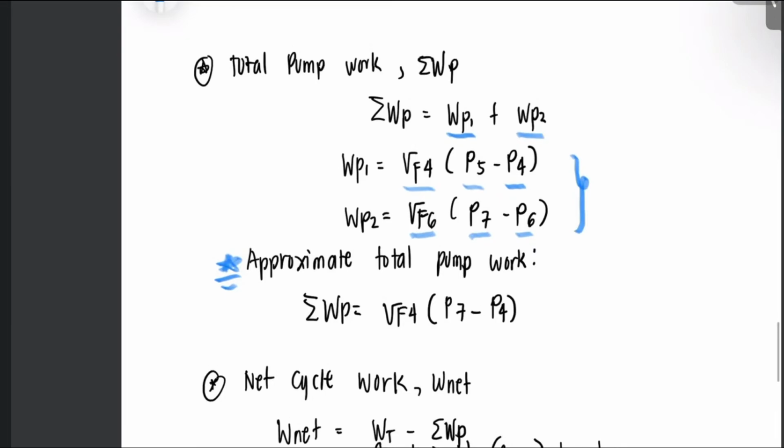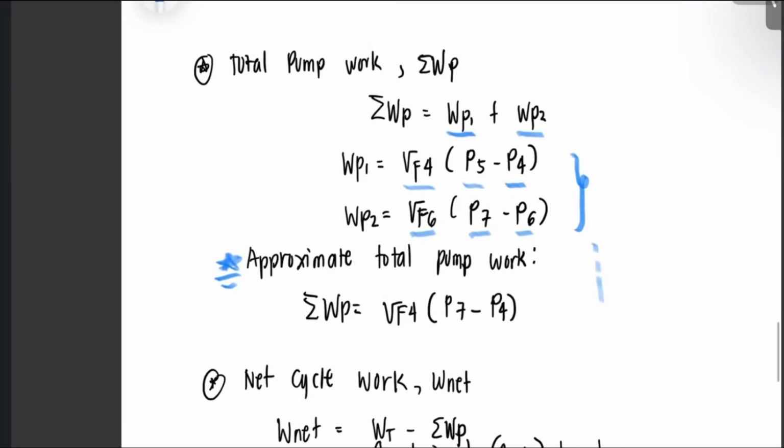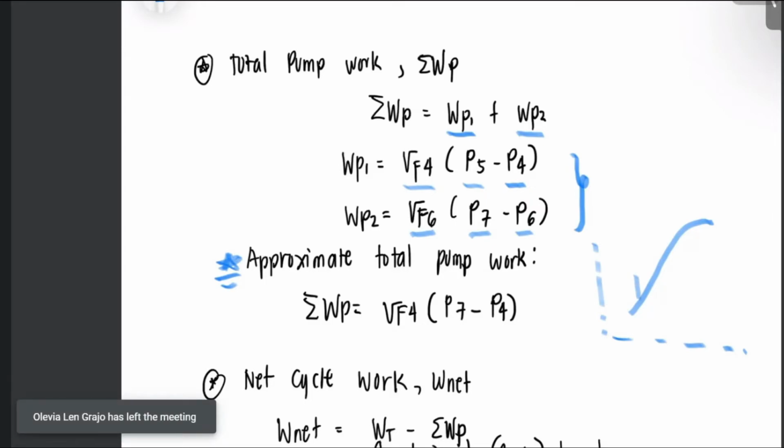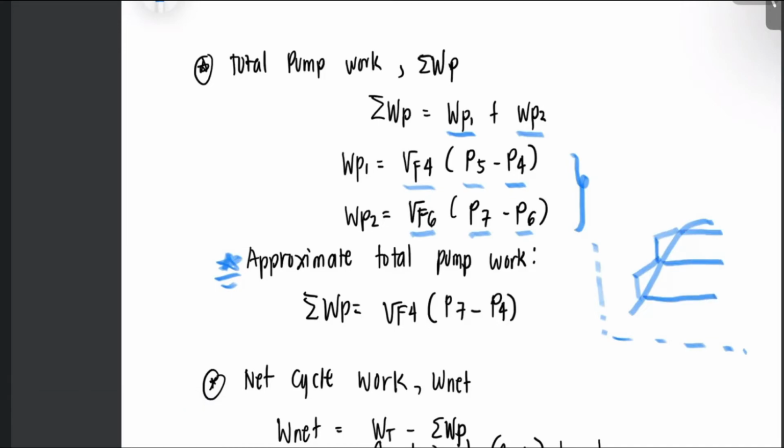So, sa TS diagram natin, ano yung pump natin, ditong part. Okay, so this is now your sa feed water heater. Ayan, dalawa yan sa boiler. So, this is from the condenser.